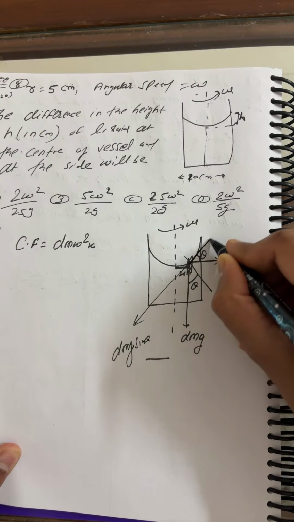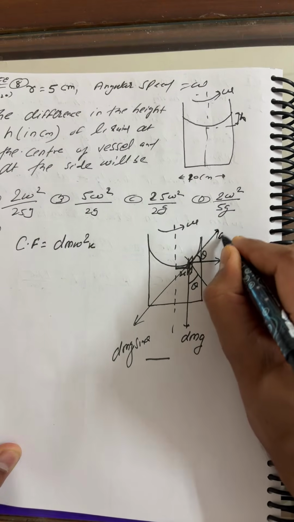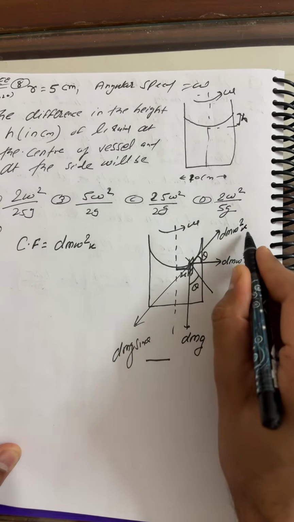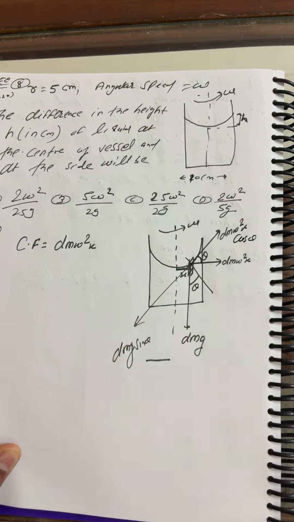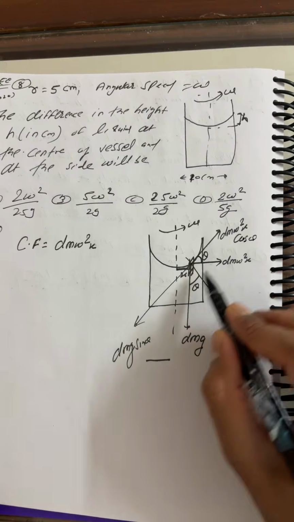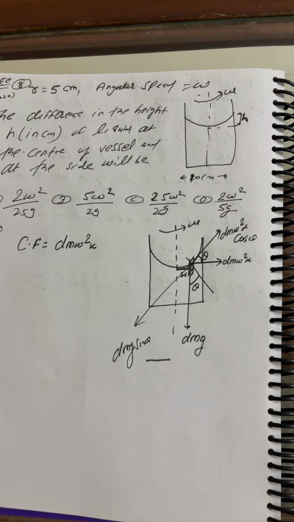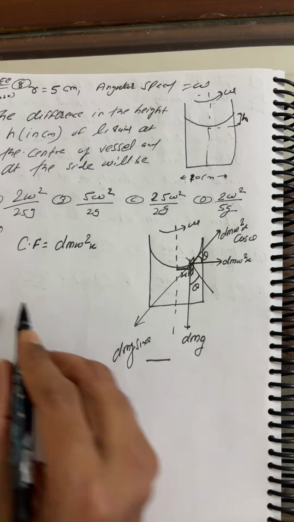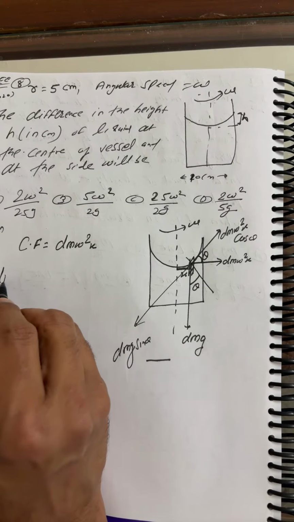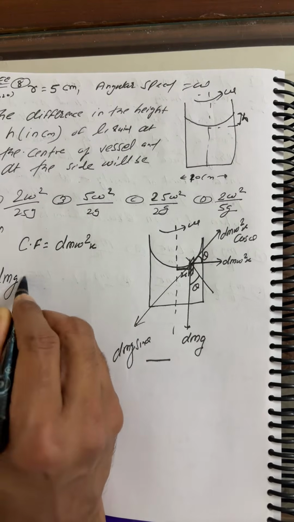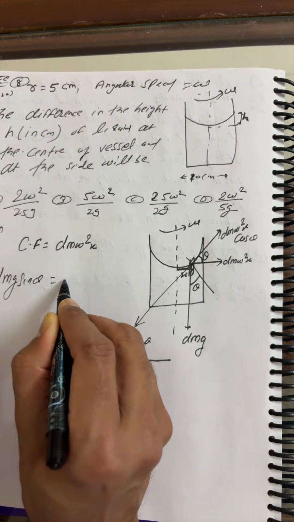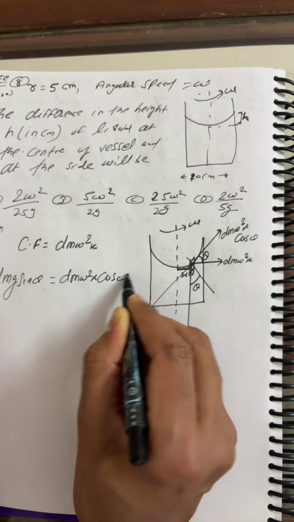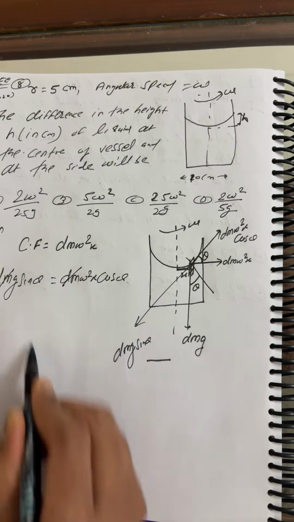Along the tangent of the free surface of water, you can equate these two tangent components. So along the tangent, dm g sin theta equals dm omega square x cos theta. The dm gets cancelled.